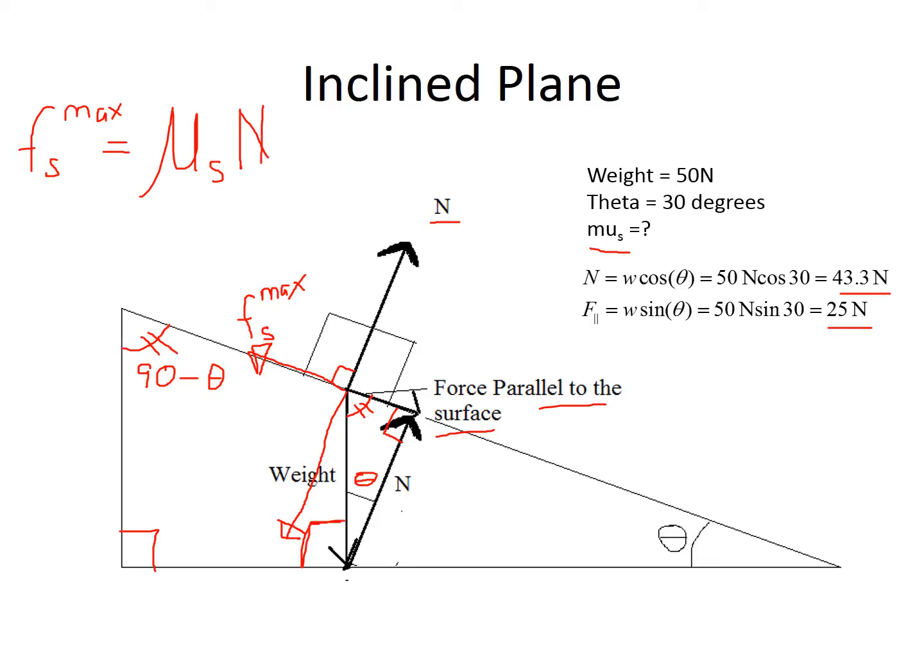So we can rearrange that and plug in the knowns, and we get mu s must be at least equal, so you could also write this as greater than or equal to F parallel divided by N. 25 newtons is F parallel, 43.3 newtons is N, and our newtons cancel, giving us a mu s of at least 0.58.